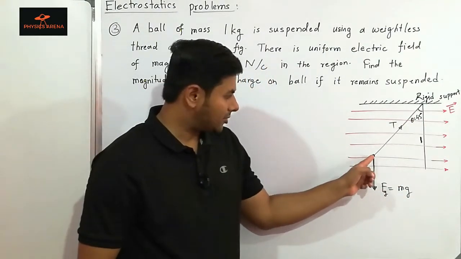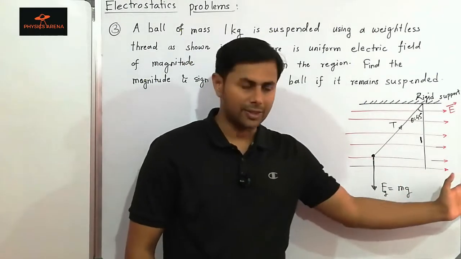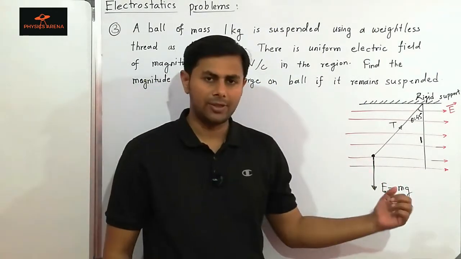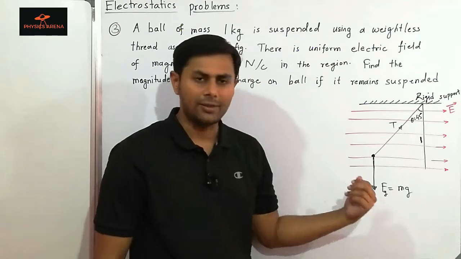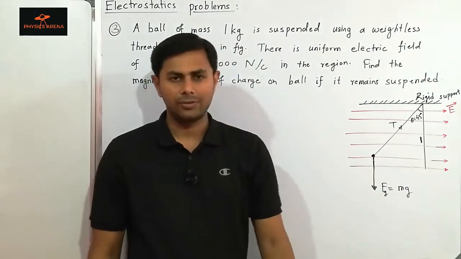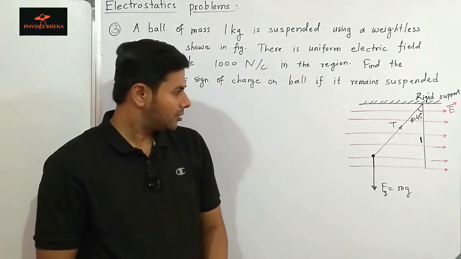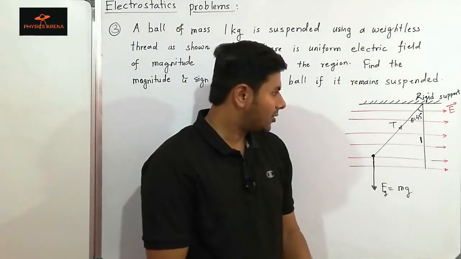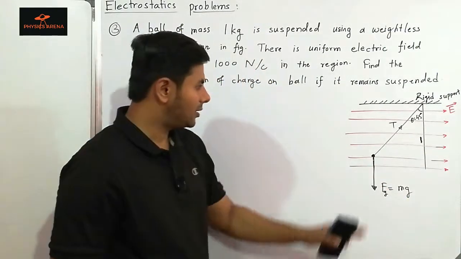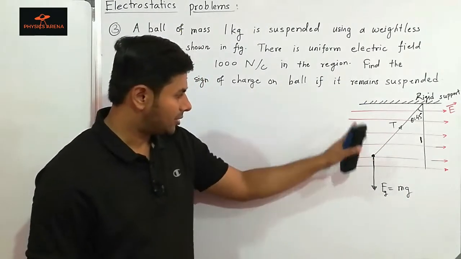If charge is positive, the force will be in this direction, and if charge is negative, then force will be in this direction. It will be opposite to the direction of field. So to find out the direction of force due to electric field, let us resolve this T in two components.